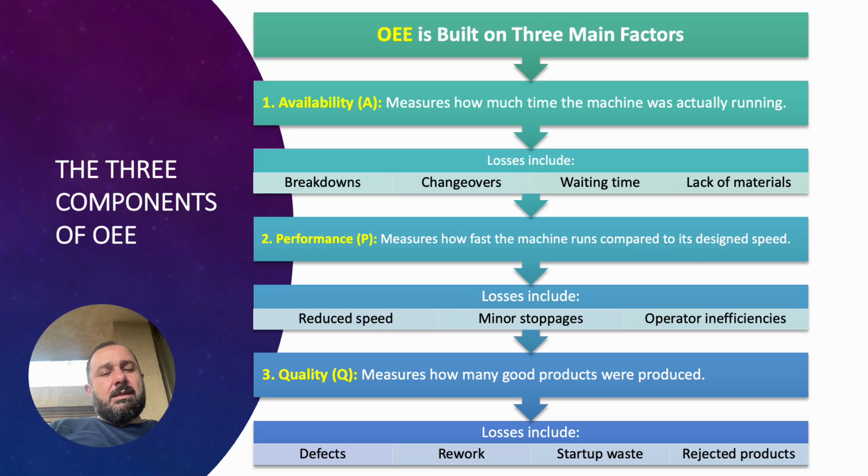Is it within the standards that we have? In short, how many good products have been produced? This is usually affected by how many defects you have as losses, how much you have wasted on startup, and how much rework you have done.